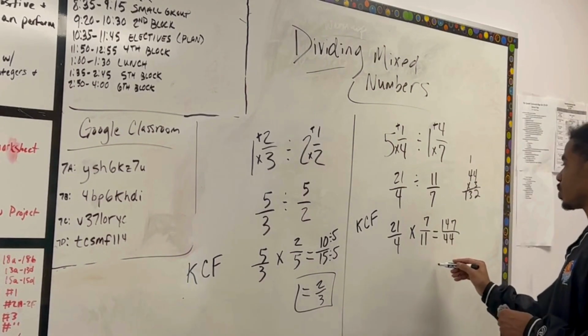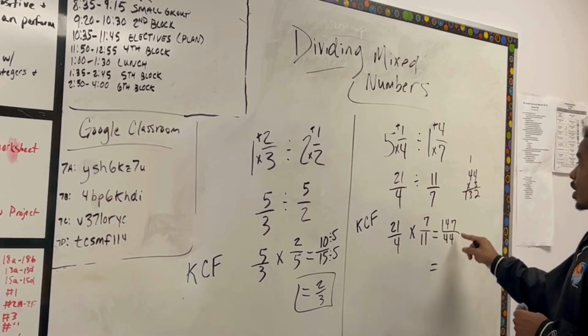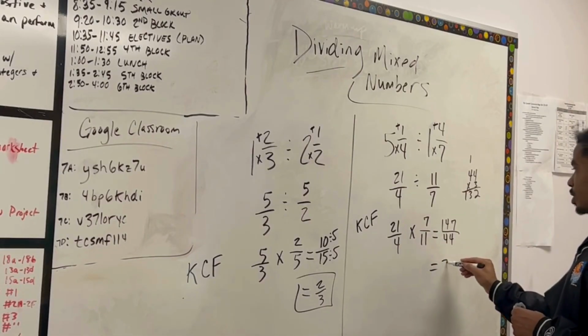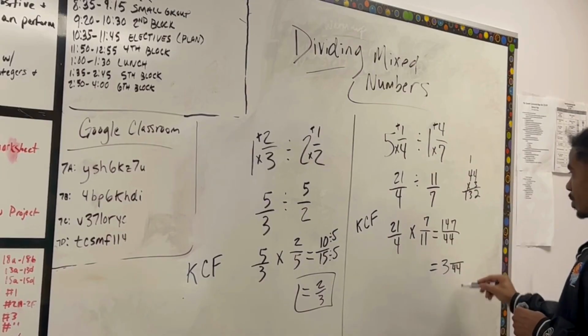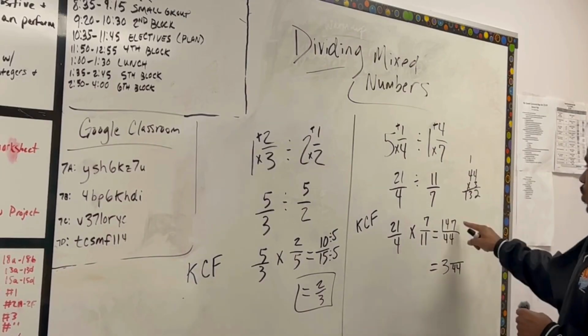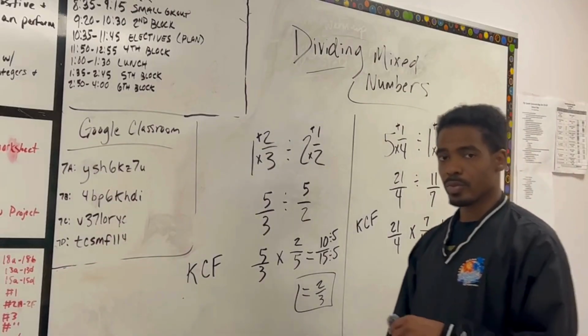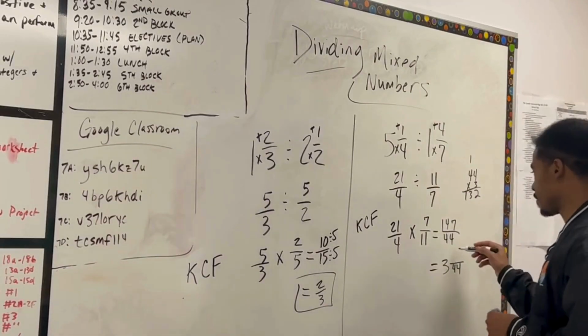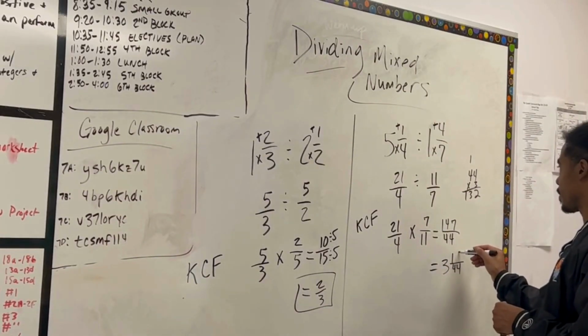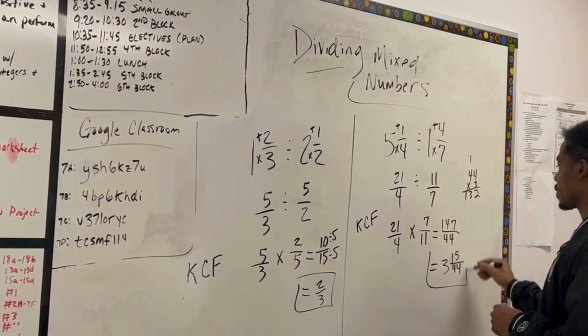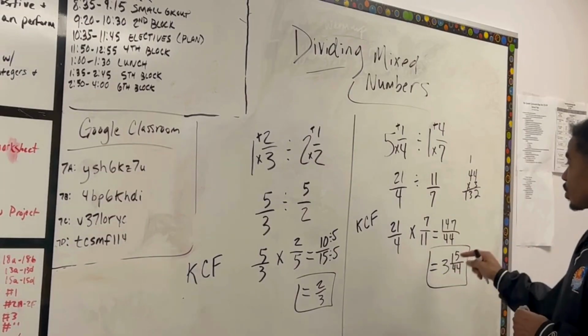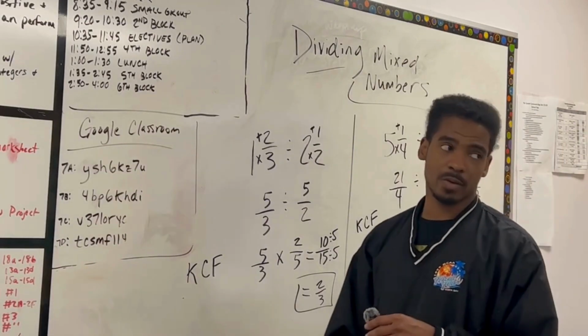So if we're changing this to a mixed number, 44 can go into 147 3 times. We're going to keep our denominator of 44. Now we just got to think, what's 147 minus 132? That would give us 15. So my answer for that last one would actually be 3 and 15/44.